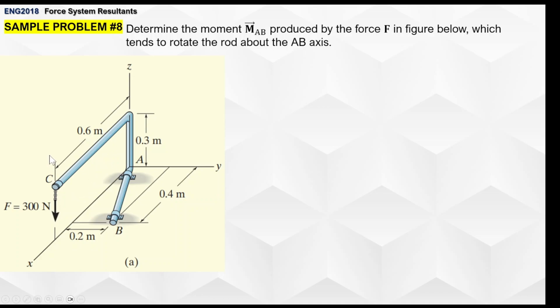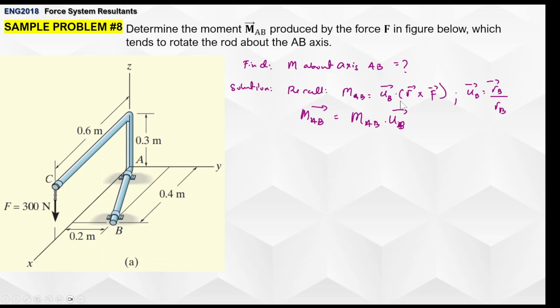How should we proceed? Okay. So if you recall our equation when we're finding the magnitude and its Cartesian vector notation, we have the moment about AB equals the product of unit vector UB and the cross product of position vector R and force vector F, where UB here is, in this case, UB is the unit vector equal to position vector RB divided by its magnitude.